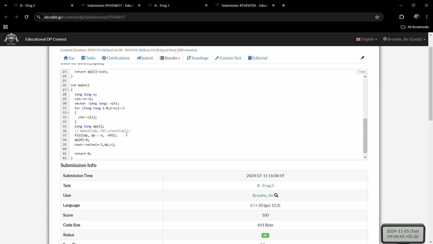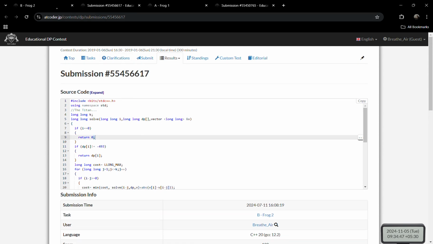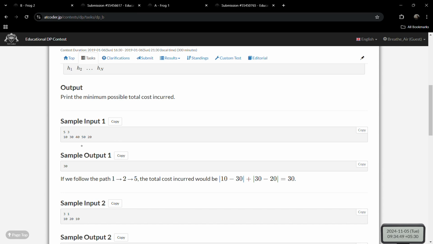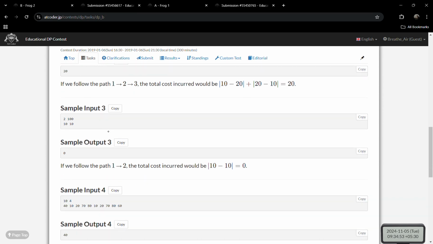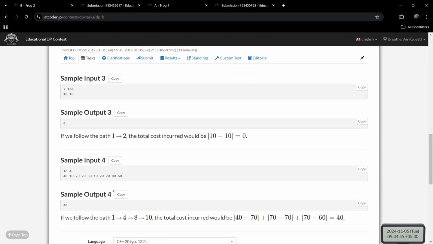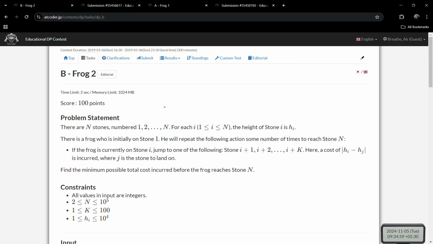And yes, you can try to dry run this code on some sample inputs and you'll see how it is working. So yeah, that was it. This was the question for today, the second question from our AtCoder DP solutions.